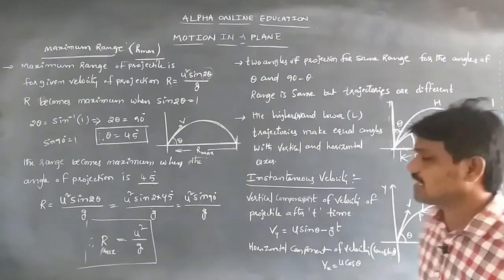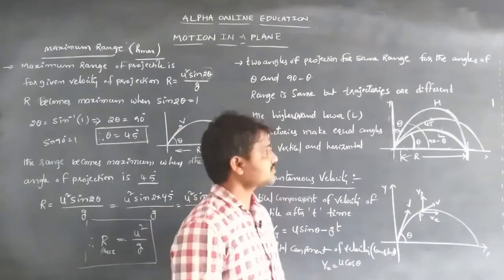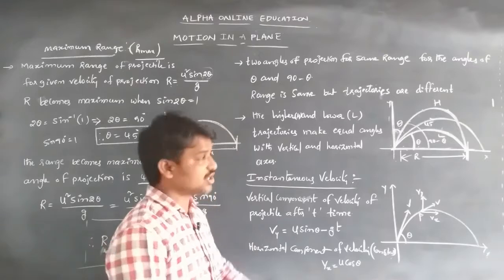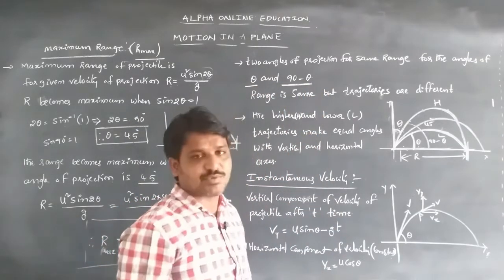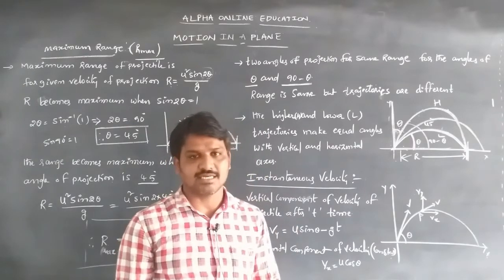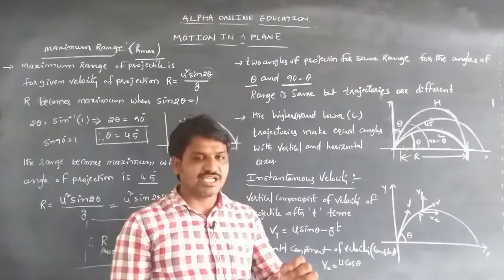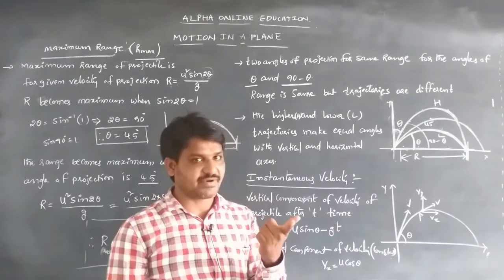So we can say that for two angles of projection for the same range, theta and 90 minus theta, if the body is projected with a theta angle and a 90 minus theta angle with the horizontal, then the range will be same, but their trajectories are different.